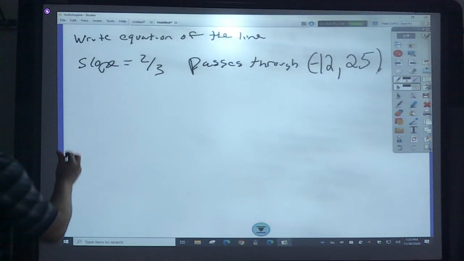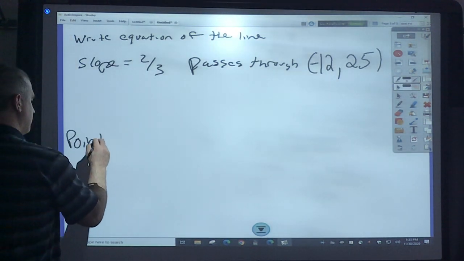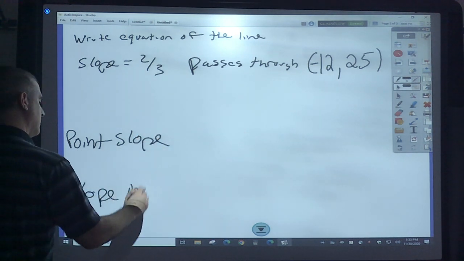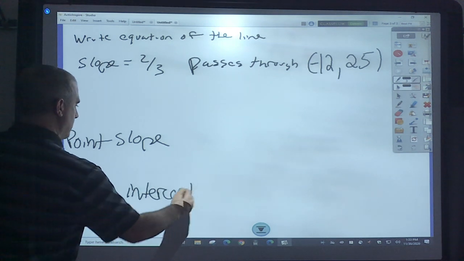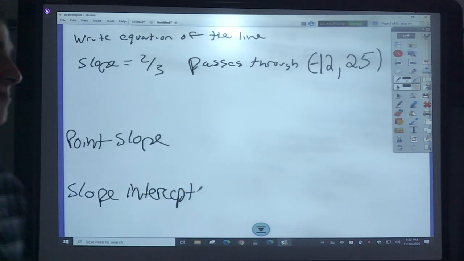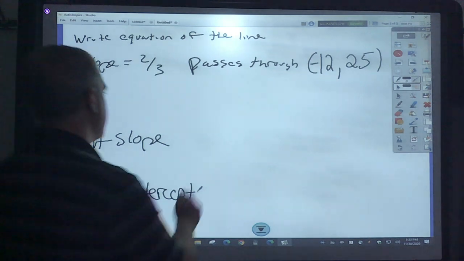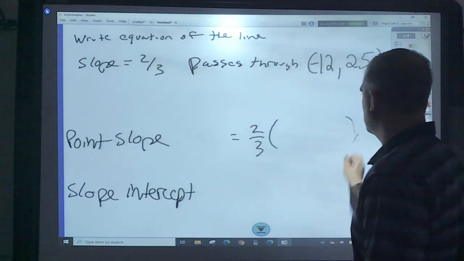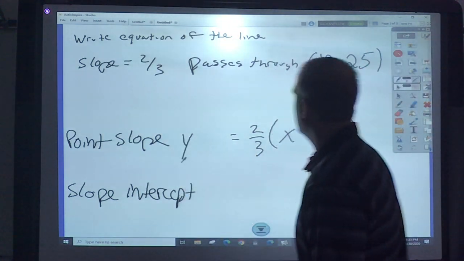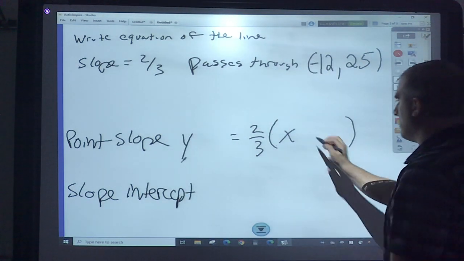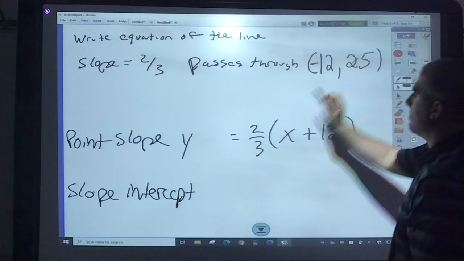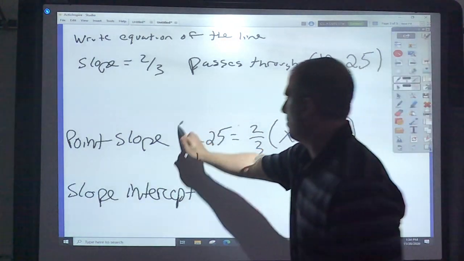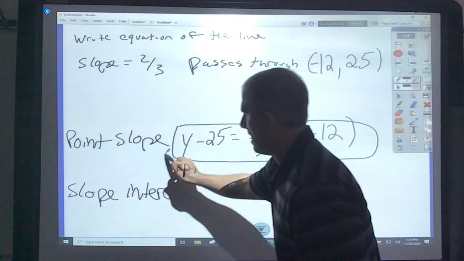I want it in point slope form, and I want it in slope intercept form. So let's start with this. This would be 2/3 x and y. I'm going to put the opposite here, which would be plus 12. I'm going to put the opposite here, which would be minus 25. So that is point slope form. Real easy. Already got my answer.